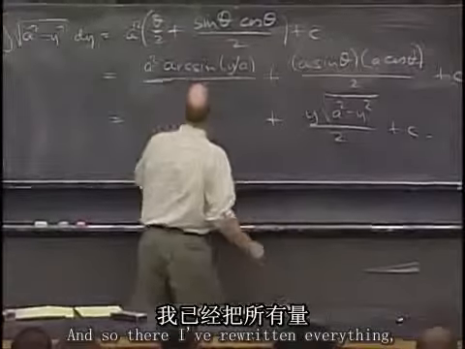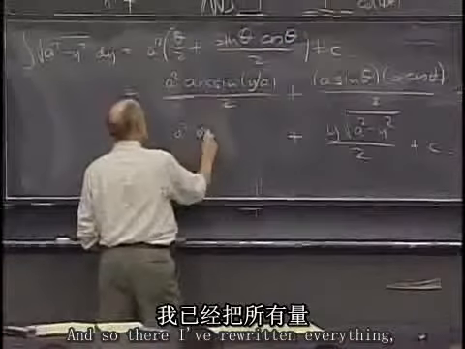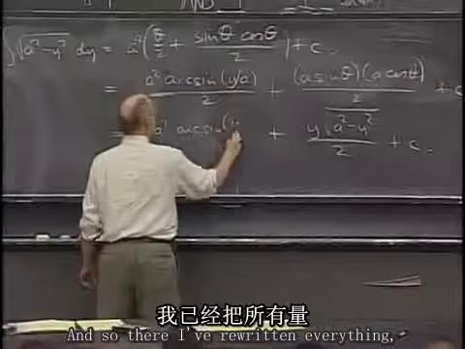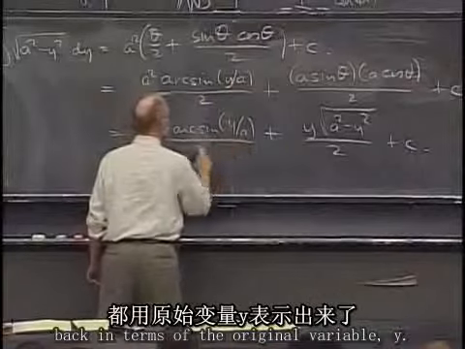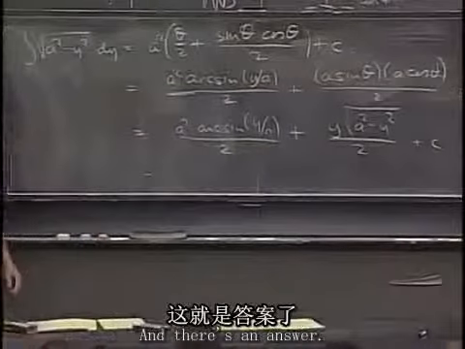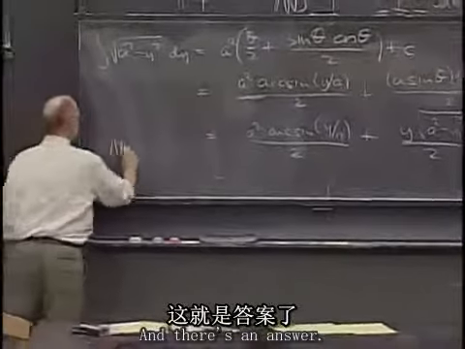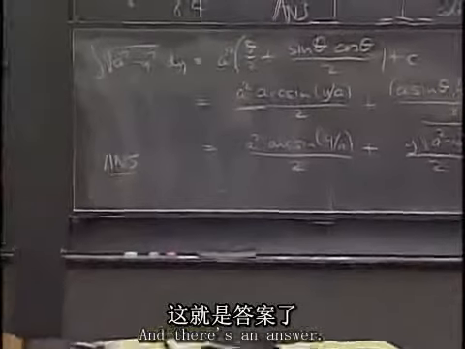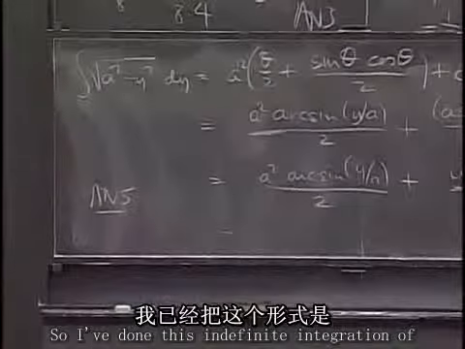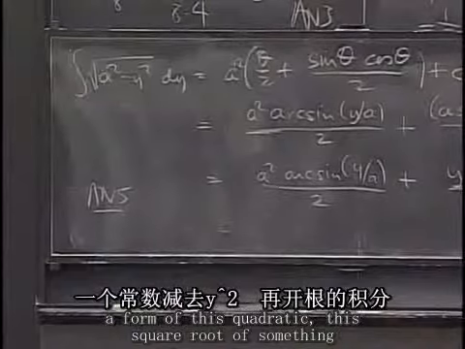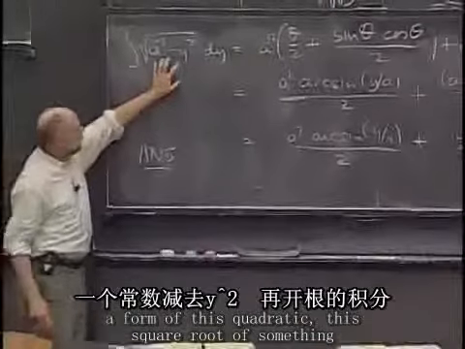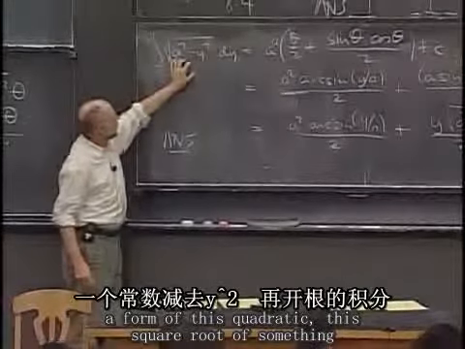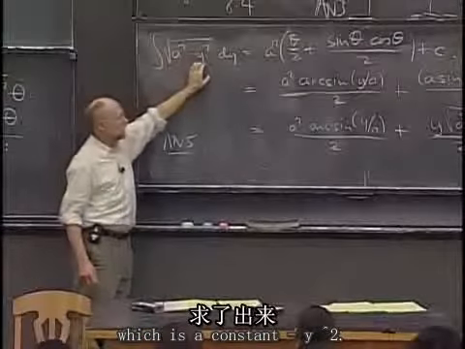And so there I've rewritten everything back in terms of the original variable y, and there's an answer. So I've done this indefinite integration of the square root of something which is a constant minus y squared.